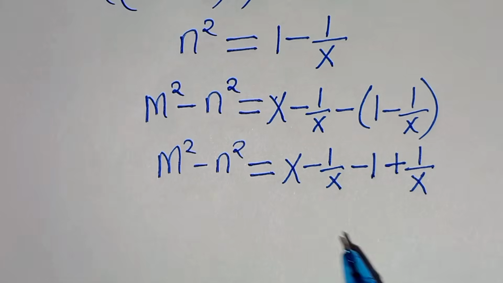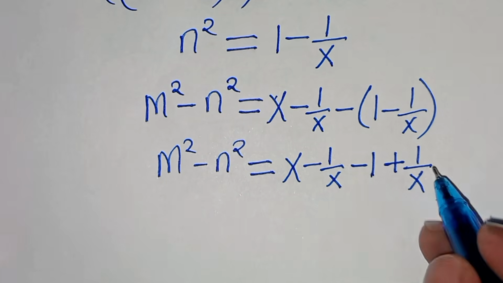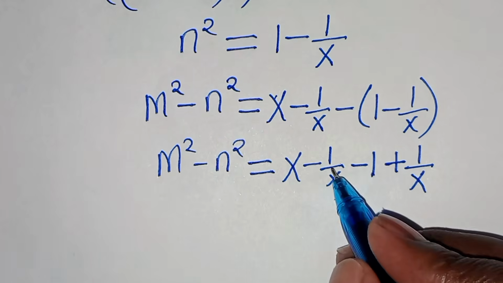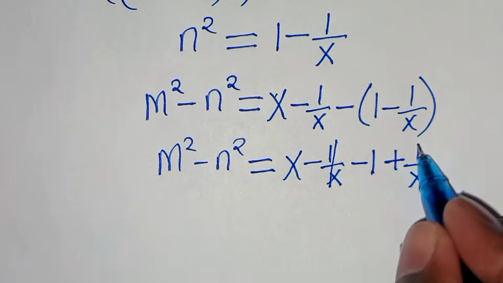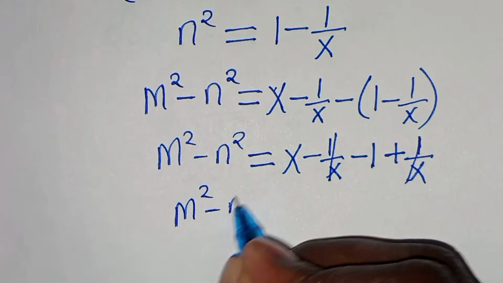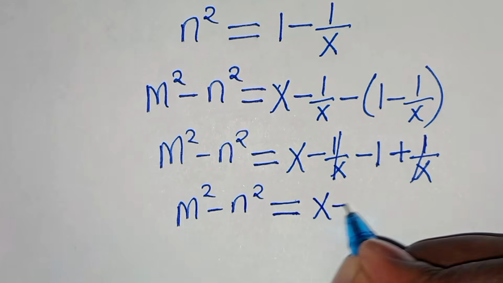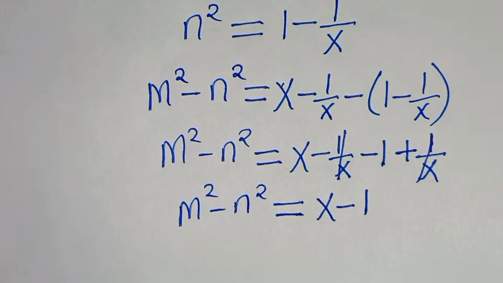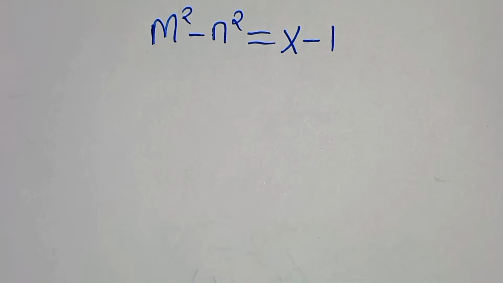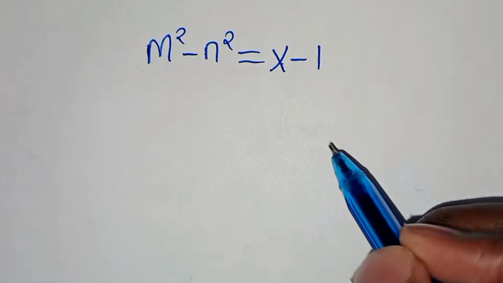So here we have minus 1 over x, then plus 1 over x, so this simplifies, and we have m squared minus n squared equal to x minus 1.